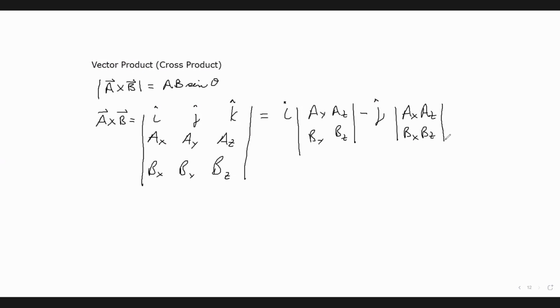Notice that for each of these minors, the J direction does not have within it any components in the J direction. That's because you're going to end up being at right angles. Now we alternate signs, so we go plus K, and that will now be AX, AY, BX, BY. This is a pain, I know. Okay. Has anyone seen this before?